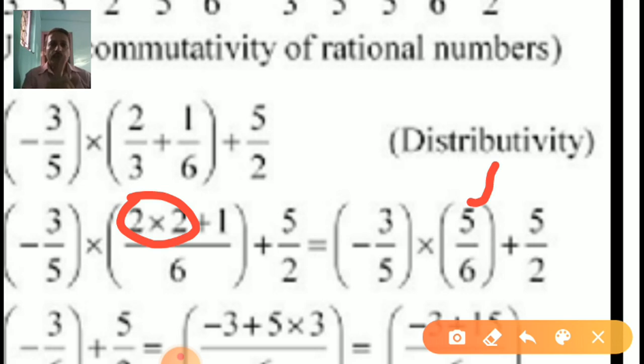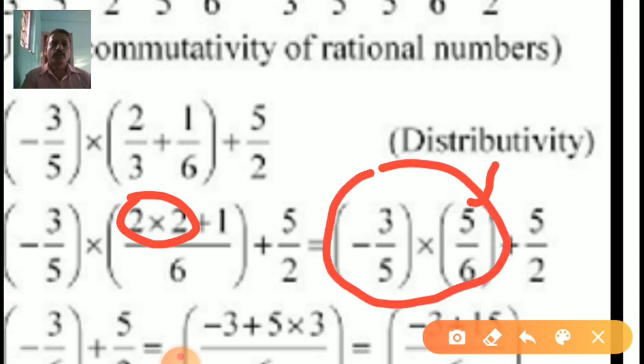Student, be careful. These both numbers are in multiplication position. So in multiplying two numbers, we can cut numerator and denominator. If their factors are common, we can take them and divide.